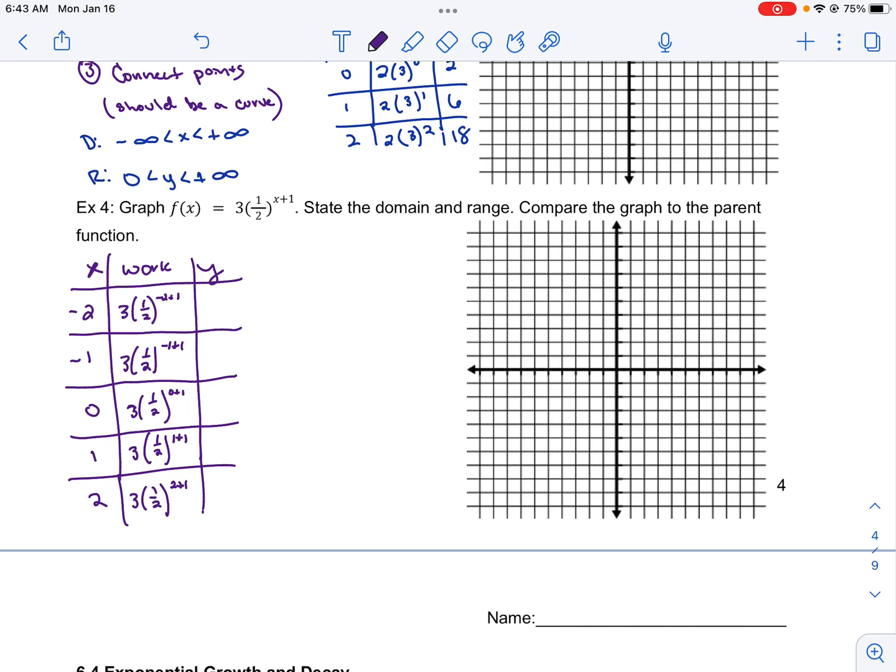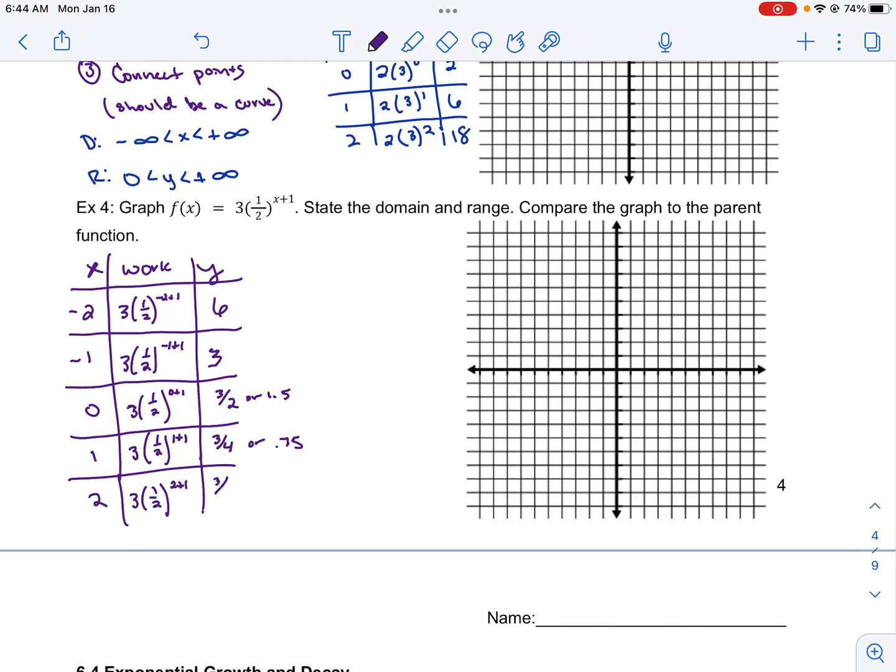And the first one we get 6. The second one, we'll get 3. Third one here, we'll get 3 over 2. 1, we'll get 3/4. If you want the decimal, that's fine.